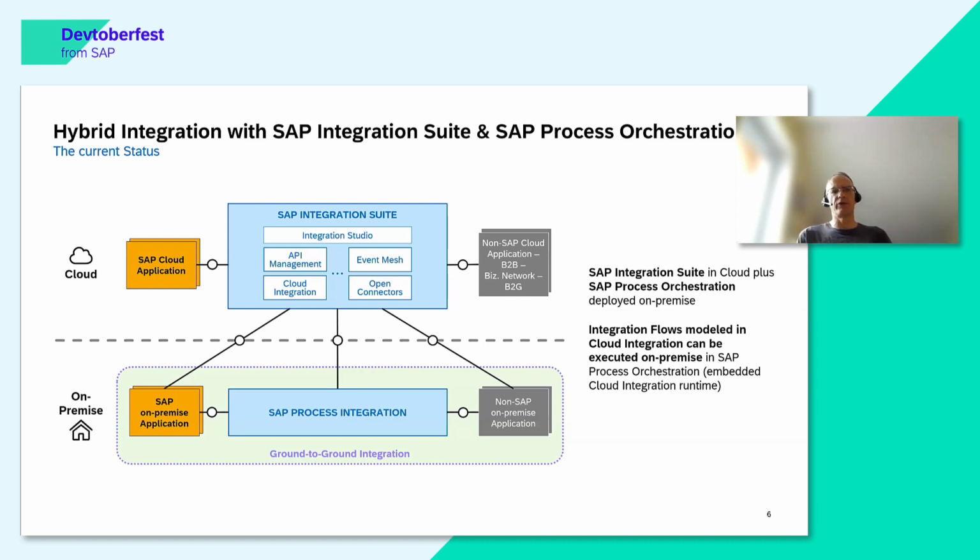On the other side, if you still have a footprint in the on-premise space, having applications which run on-premise, so far you have to use another product called the SAP Process Integration, which is a product based on SAP NetWeaver, a standard on-premise product.